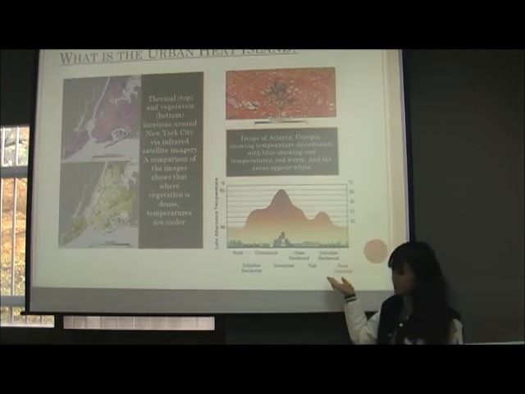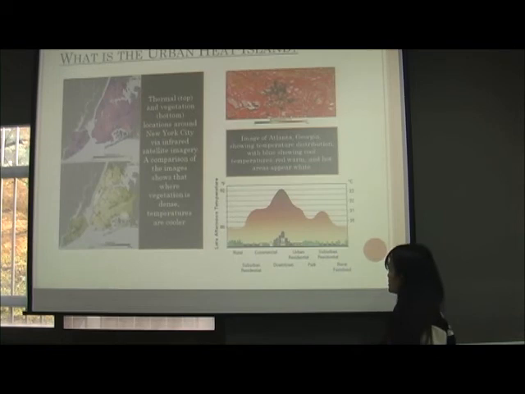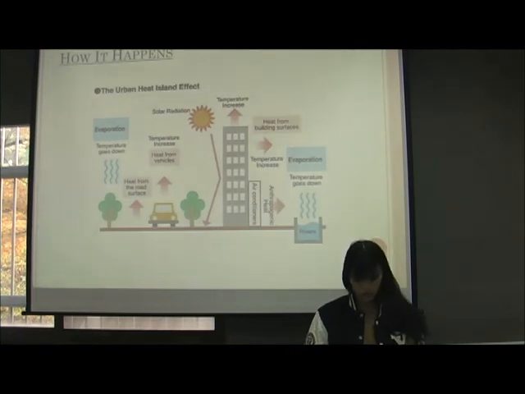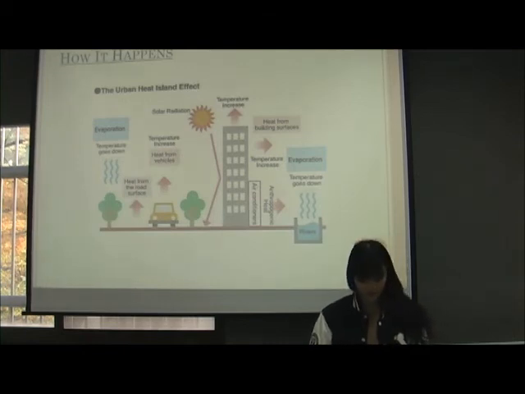Also, we can see in this that downtown is hotter than other places such as rural farmland and the park. Next, this is the process of the urban heat island effect.